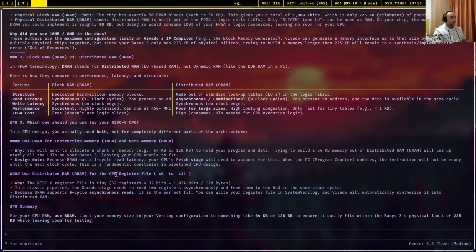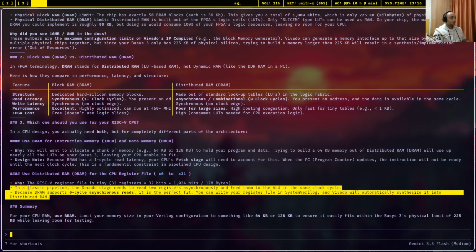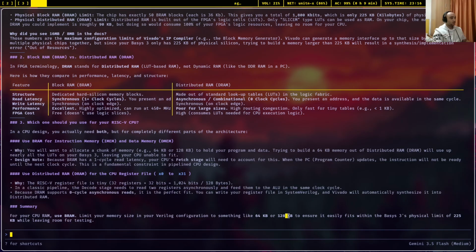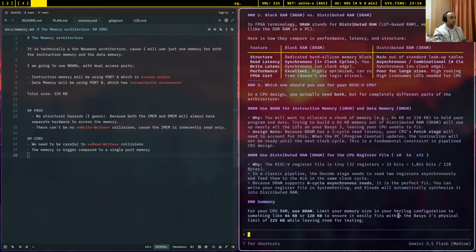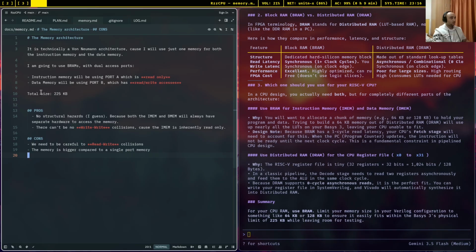Oh yeah, you can use the distributed RAM for the register file. Total, let's say maximum size. Okay.